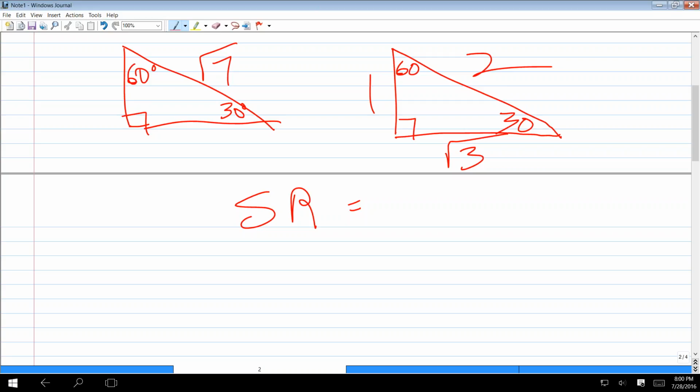Yeah, so it would be √7/2. That's it. That's the similarity ratio. In other words, it's the same side of the bigger triangle divided by the same side of the smaller triangle. Now, what's y?